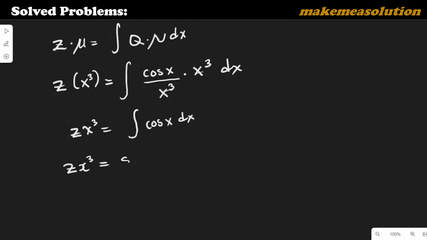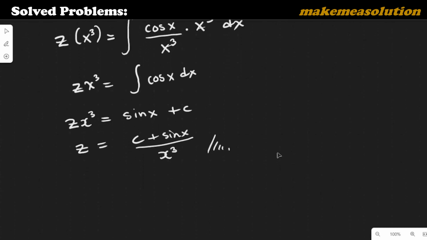Yes, that's right, sin x plus c. So at the end of the day, z is equal to c plus sin x all over x cubed. I can leave it here like this. So this is about this problem.